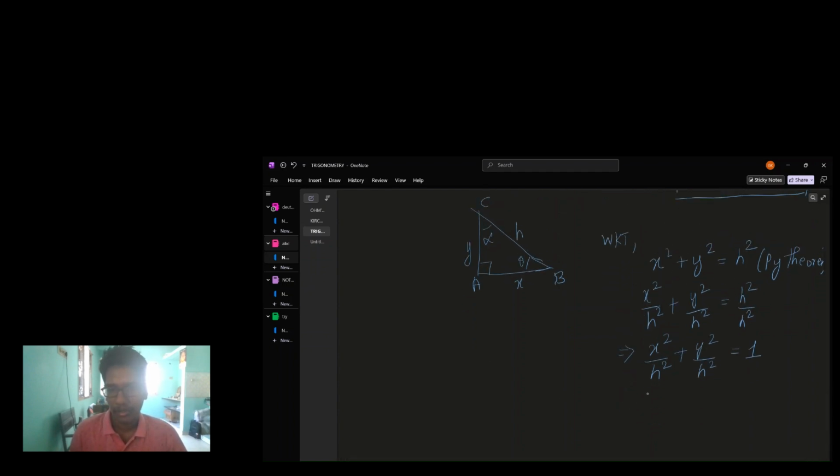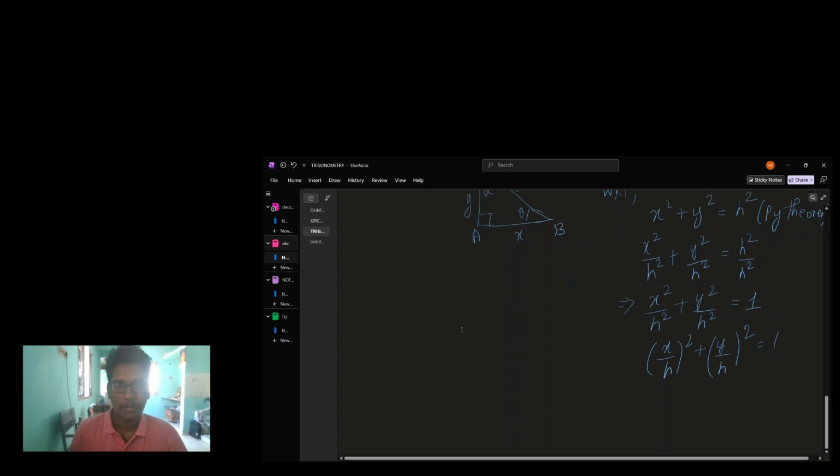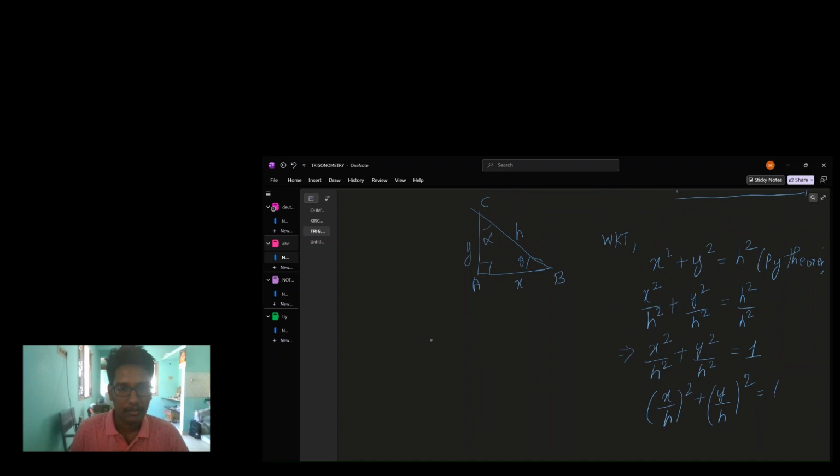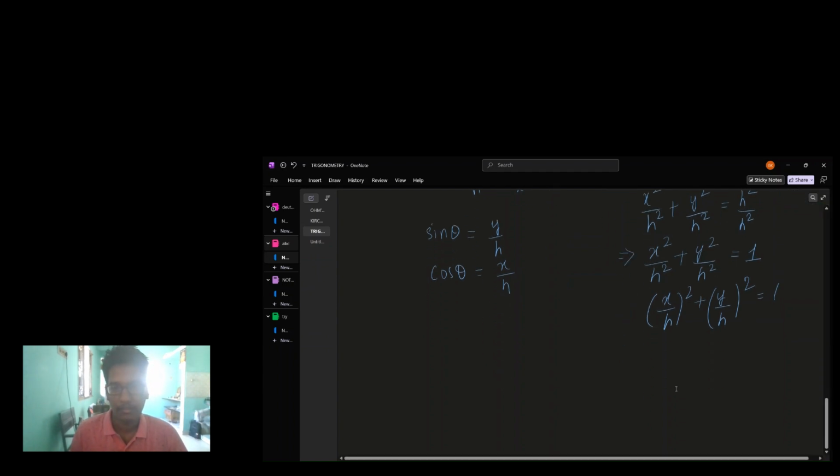So x by h the whole square plus y by h the whole square is equal to 1. Let's compute the ratios for this triangle. Sin theta is equal to y by h. Cos theta is equal to x by h. Just replacing x by h and y by h with the ratios, we end up getting cos square theta plus sin square theta equal to 1.